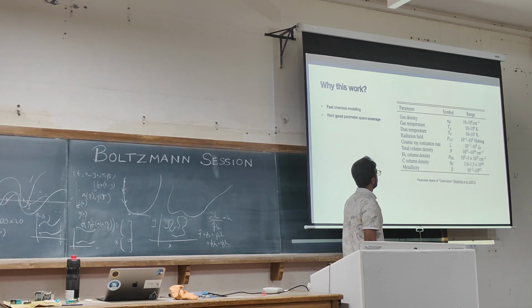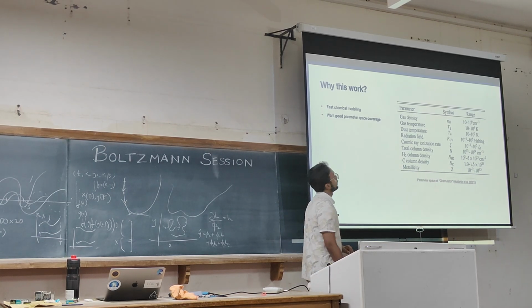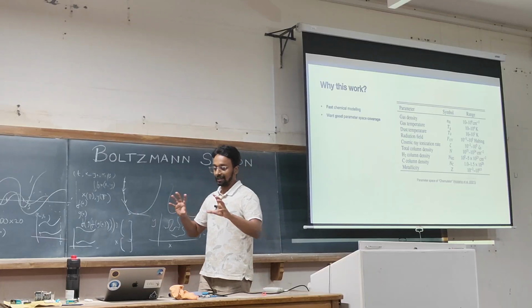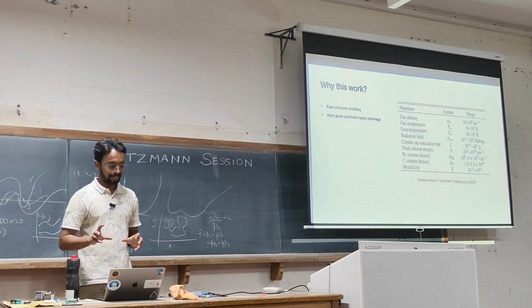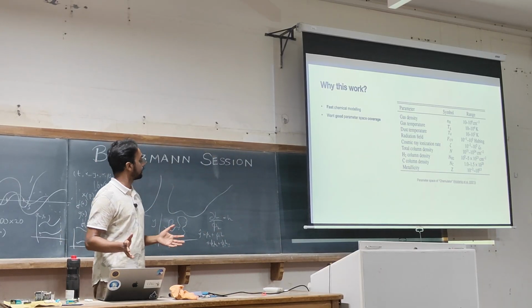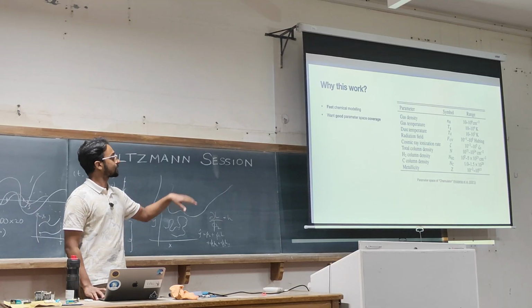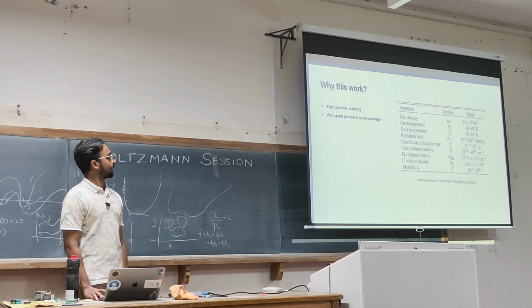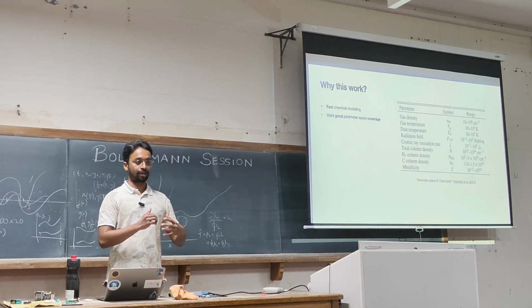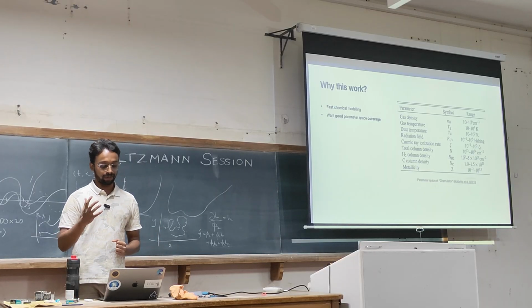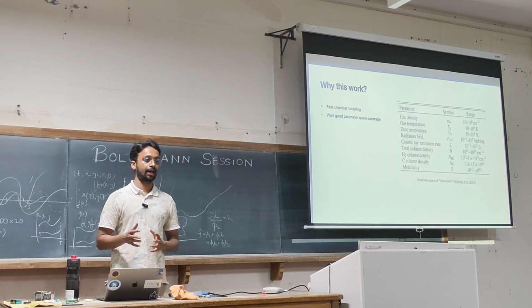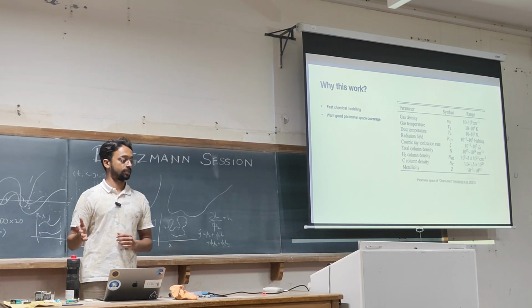Something else can go from 10 to 10 to the power 6. So it's a completely different set of ranges, and all of these ranges are quite big. If you are sampling from a parameter space like this, you want good coverage, and once you have good coverage of initial conditions, you want to accurately evolve a system for those initial conditions.